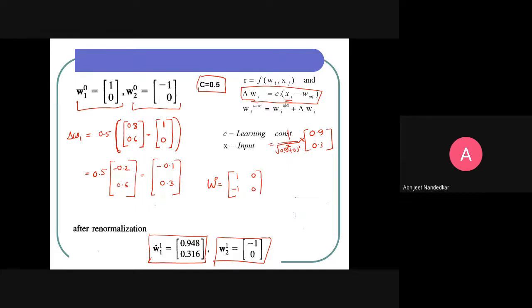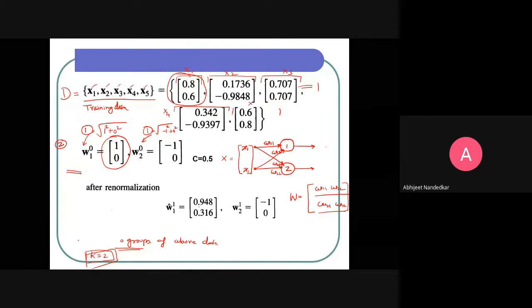Now that will be changed to 0.948, 0.316 and minus 1, 0. Remember, the second row we have not disturbed. Since the winner was the first neuron, we have changed only this much. So this is the updated weight after the first training sample.